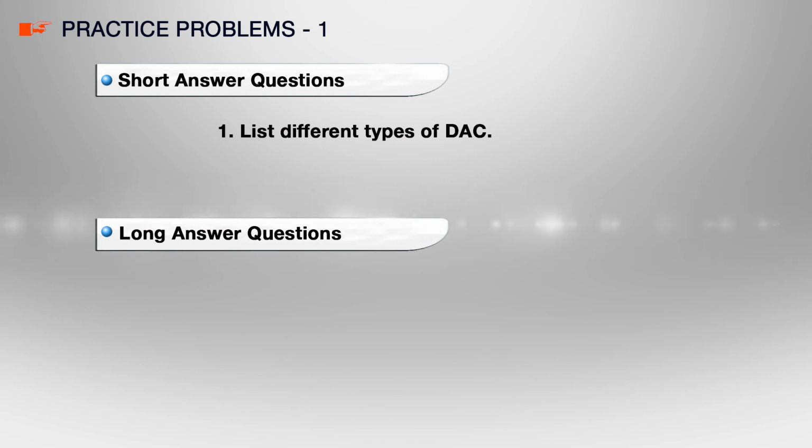As we have discussed the two classifications, you can mention those names. Second question is, define resolution. As we have discussed, resolution is the smallest change in analog output due to change in input, and you can write the formula of resolution also along with its definition.